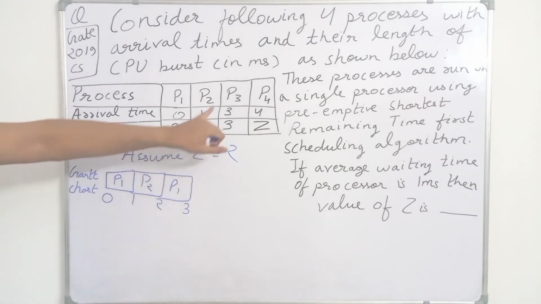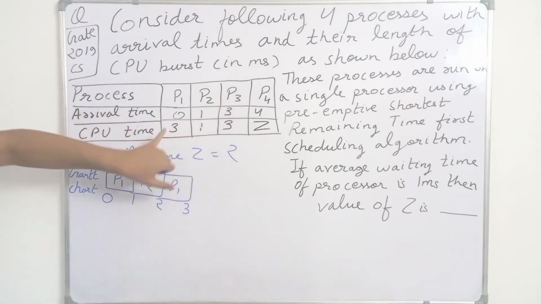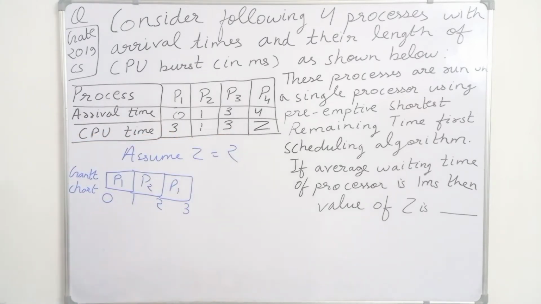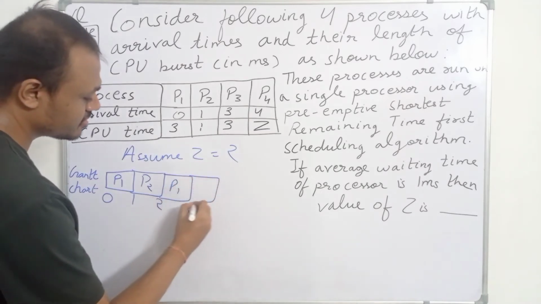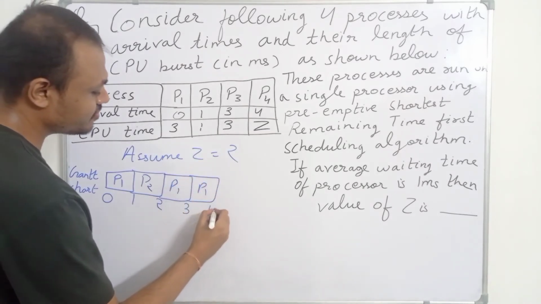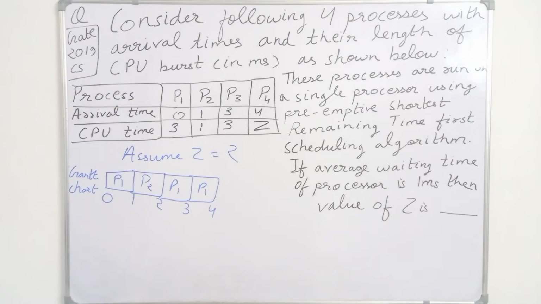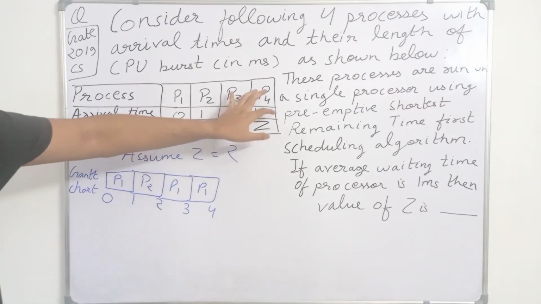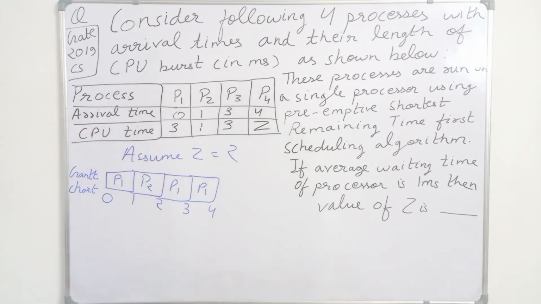Now at 3 milliseconds P3 has arrived, but the time remaining for P1 is 1 millisecond and the time for P3 is 3 milliseconds. So P1 will again be scheduled, until 4. Now at time t equal to 4, P4 has arrived. P1 has completed and now we have two processes, P3 and P4, but we have assumed Z equal to 2.